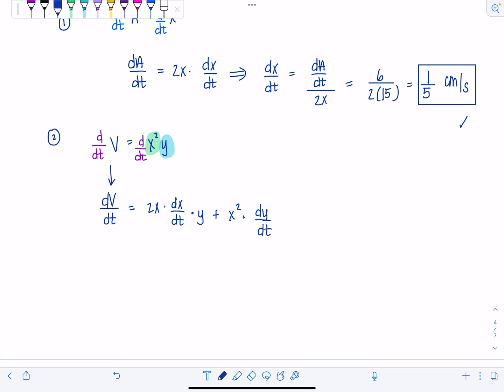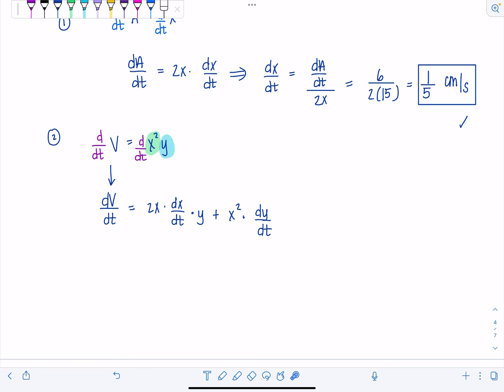Okay, great. All the calculus is done. Now we just have to solve for dy/dt. Let's go through and make sure we have everything. x, we know, is 15. dx/dt, we just got it. y, we don't have, but we'll figure out what y should be. And x squared, 15 squared, so we're good. What about dV/dt?